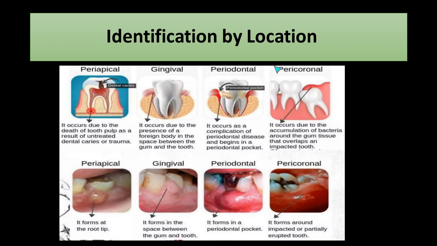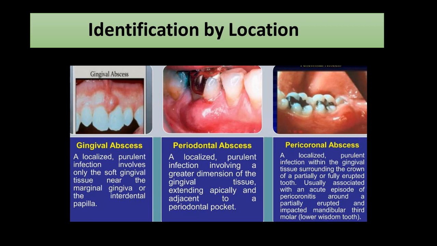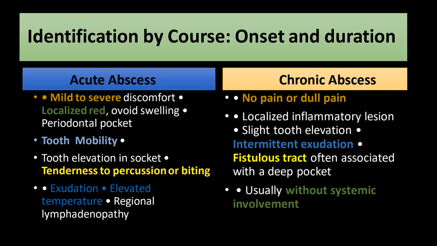Okay, so I hope you can now differentiate between periapical abscess, gingival abscess, periodontal abscess and pericoronal abscess. Next, this is another example of the same gingival abscess. This is how periodontal abscess and pericoronal abscess look.